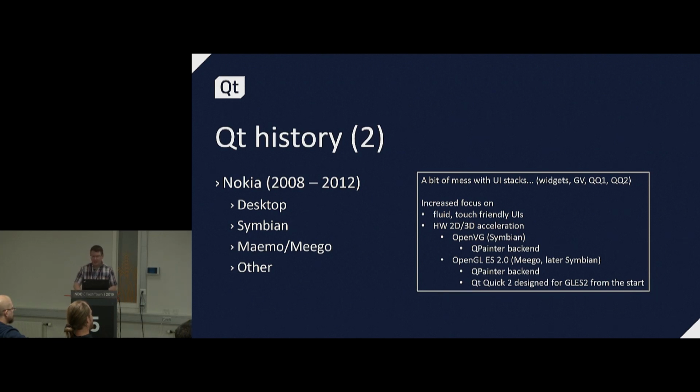That's also a Khronos standard like OpenGL. Whereas, of course, MeeGo and others were betting on OpenGL ES2, which came out in 2008. The problem is that, as we will see later, this whole QPainter-based architecture was not always performing as well as it could.